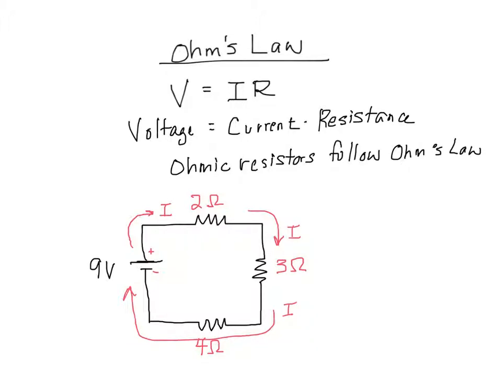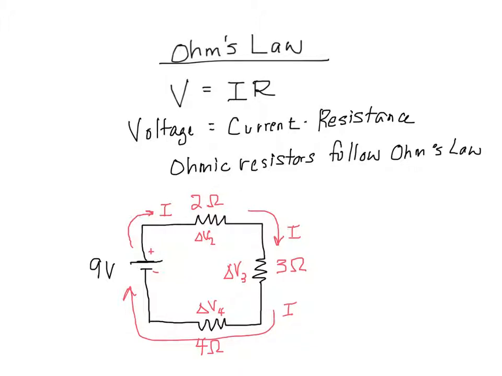Well, it turns out that every time the current passes through a resistor, the voltage drops. So you've got a change in voltage across each one of these resistors. So I've got a delta V in the 2 ohm resistor, I've got a delta V in the 3 ohm resistor, and I've got a delta V in the 4 ohm resistor. And it turns out that the combined voltage drop across all 3 of those is going to add up to the 9 volts.